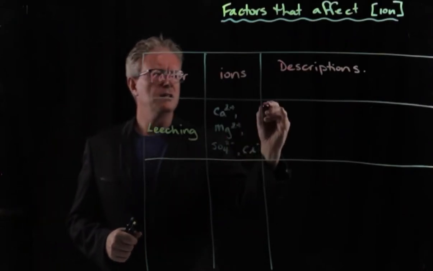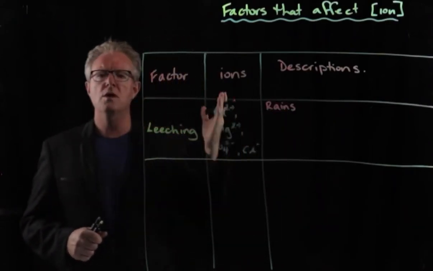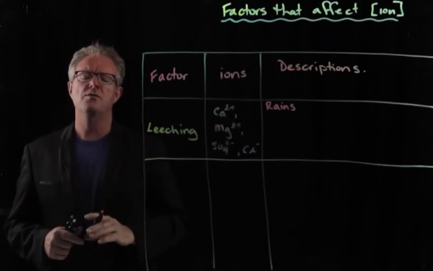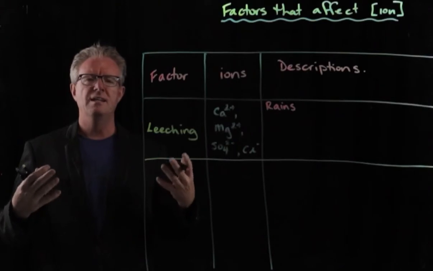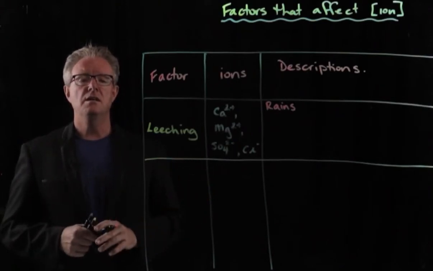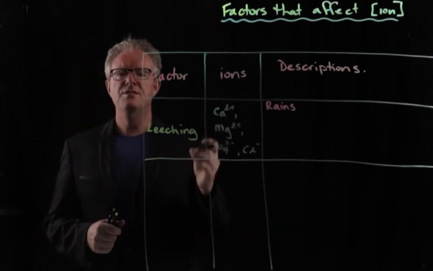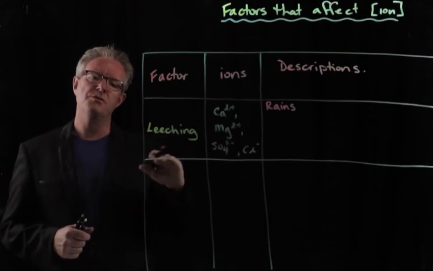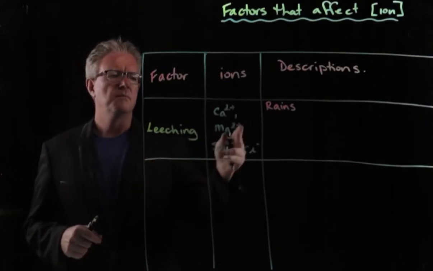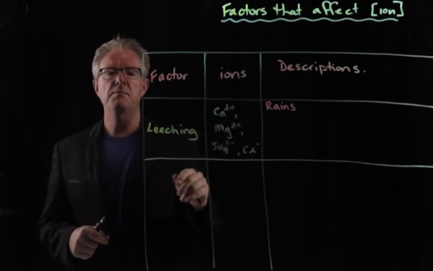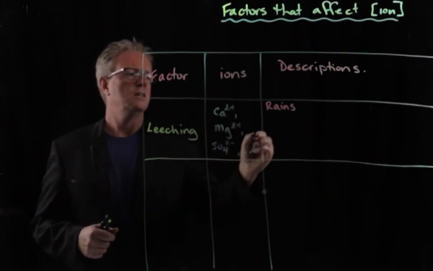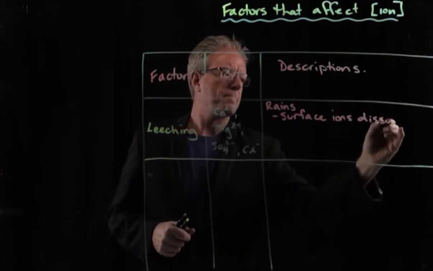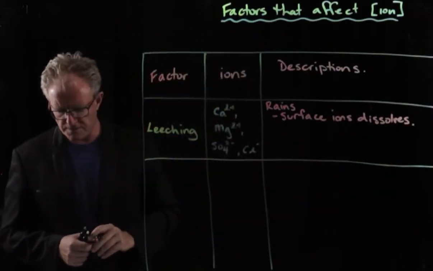And so when it rains, the water that goes along the surface of let's say farmland or any land that's near a water body is going to have some degree of leaching. Some surface ions, not a lot, but some surface ions are certainly going to be in there. There might be some sulfates if it's near farmland, for example. So you get surface ions dissolved in it.